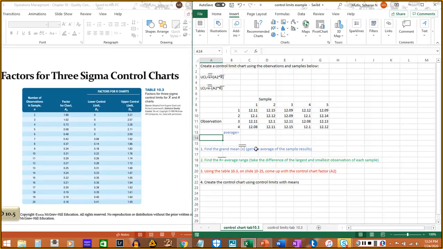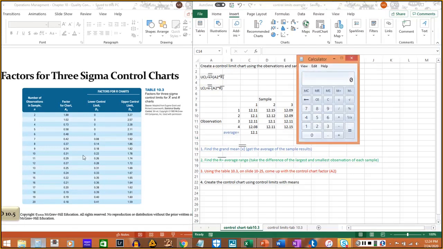You take an average of each sample and you average out those averages. We did the average for sample 1. Excel does a good thing when you highlight all of the numbers. The average of that is 12.1, or 12.10, however you want to do it.